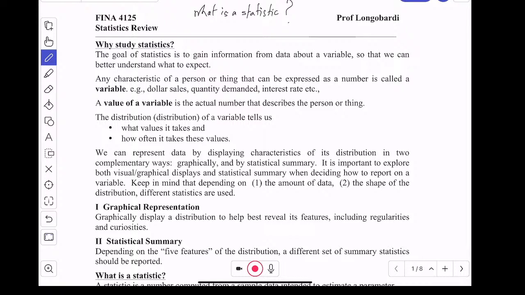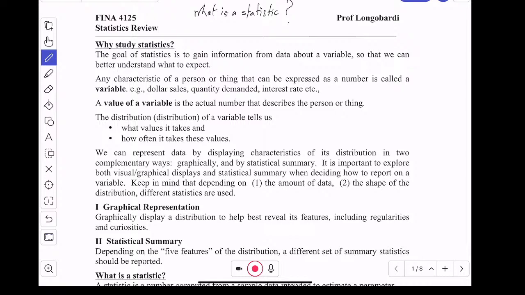A statistic is a number calculated from data in a sample. That's what a statistic is. That's the most general explanation I have. With what purpose? Why do we do this?